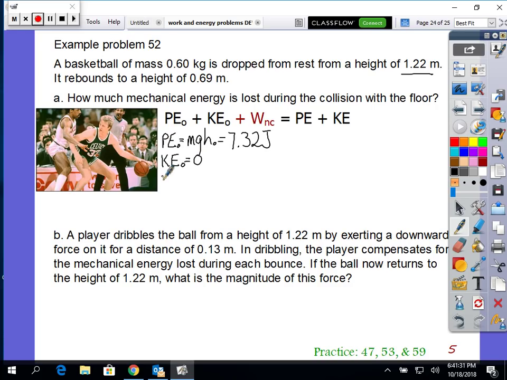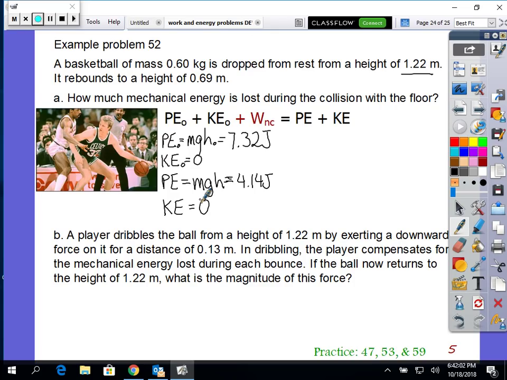When it hits the ground, rebounds, and comes back up, it only comes up to a height of 0.69 meters. So the potential energy it has then, mgh, is going to be a little less. It's going to be 4.14. And the kinetic energy it has on its rebound at the highest point is 0.